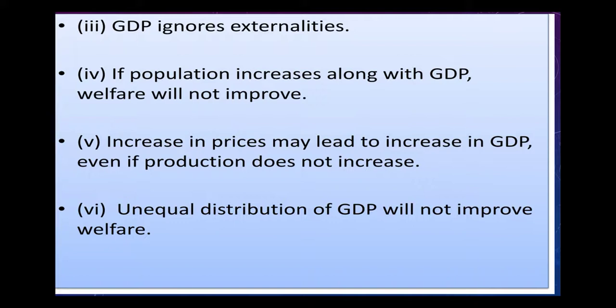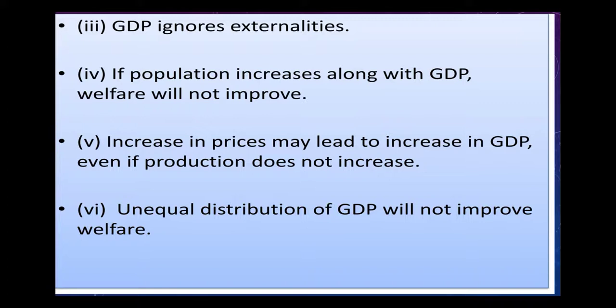The other factor is that an increase in prices may lead to an increase in GDP even if production does not increase. If the price of any good increases, our GDP shows an increment, but production is not increasing, only prices are. So we can't say that our welfare is also increasing with the increase in price.